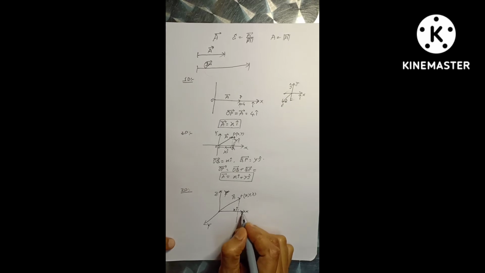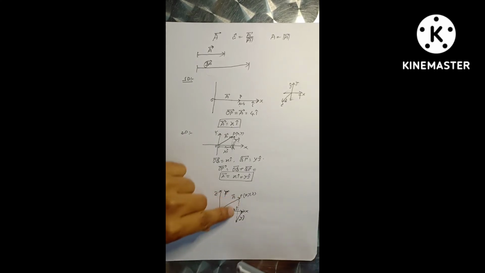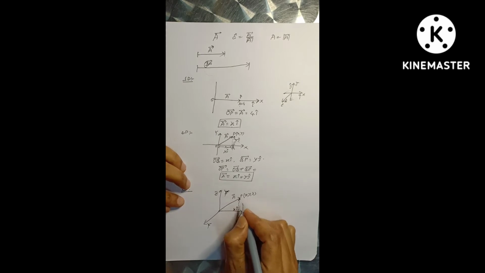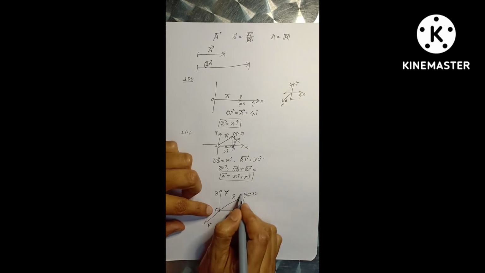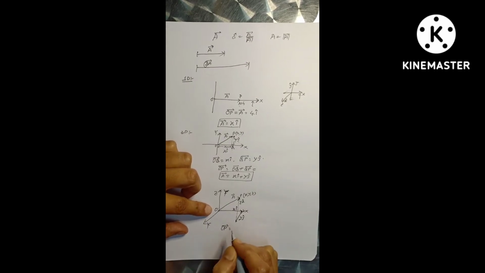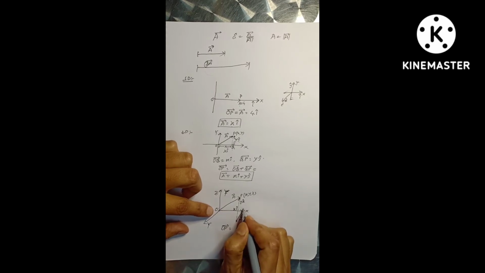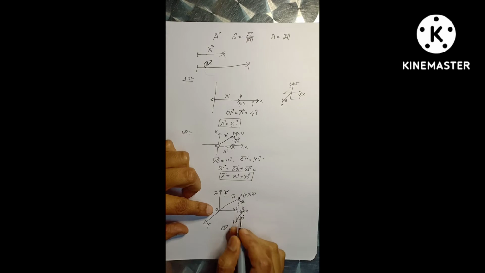Then along the y-axis it will go up to y j cap. Then perpendicular to the plane, along the z-axis to the point P, it can be represented by z k cap. So the total OP vector equals the sum of OQ vector plus QR vector plus RP vector, where this point is Q and this point is R, which equals x i cap plus y j cap plus z k cap.